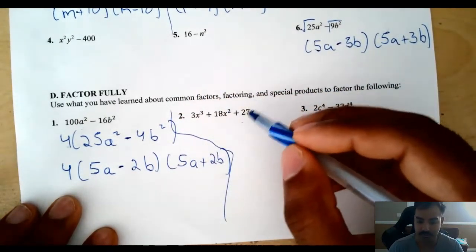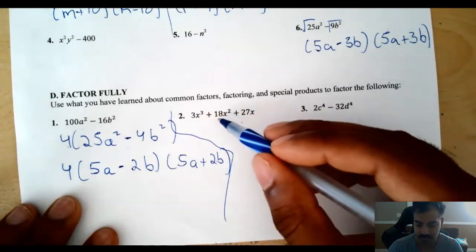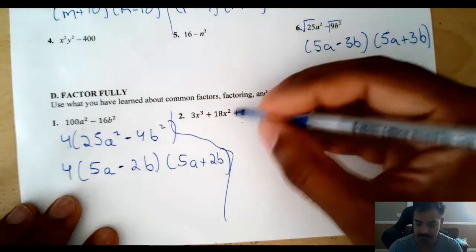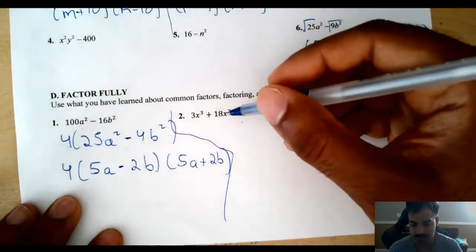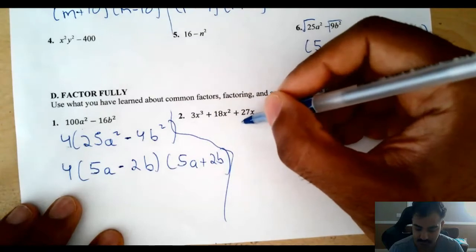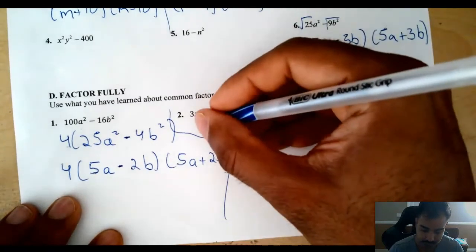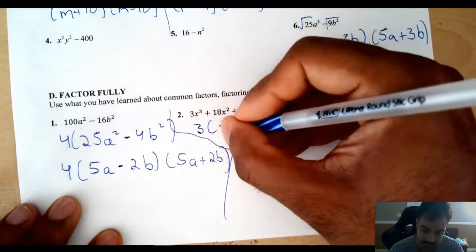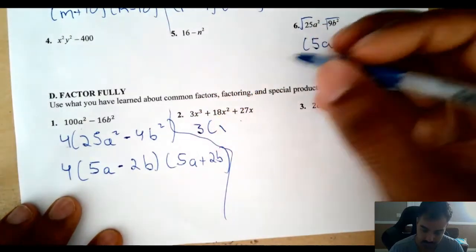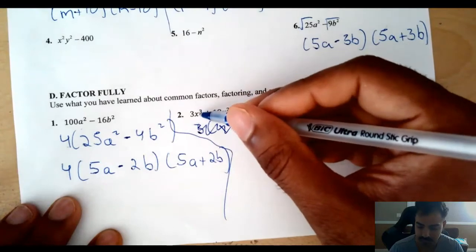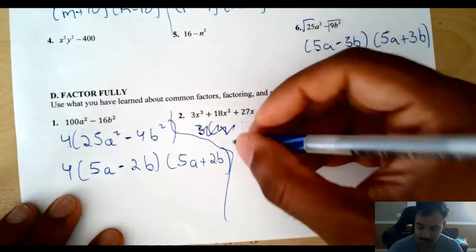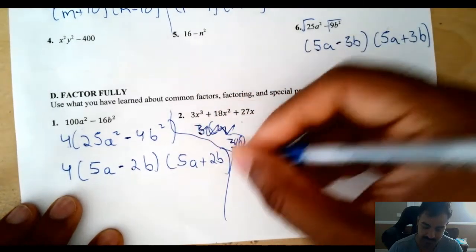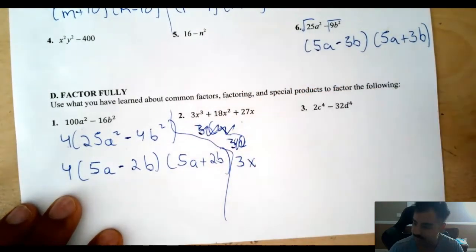Okay, so I'm running out of space on this one, but I'll try squishing it in. The first step here is I'm going to simplify, so take a common factor out. I can see 3 goes into everything. Oh, actually, you can see they all have an x as well, right? So you can write down 3x.